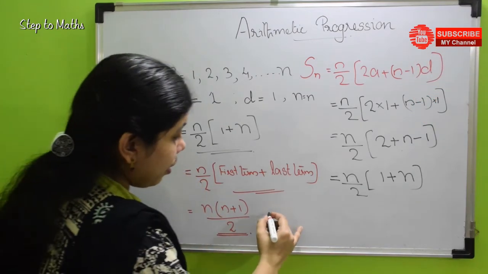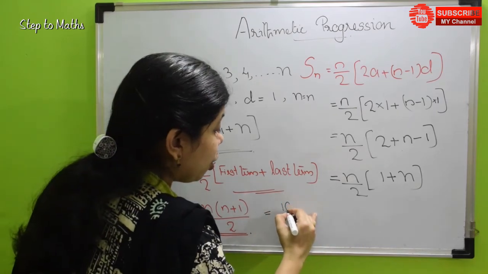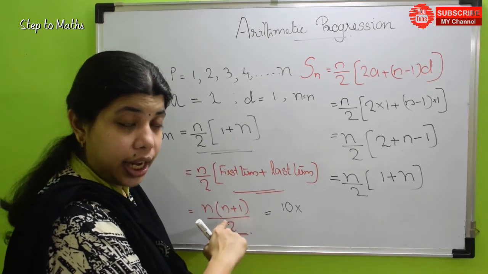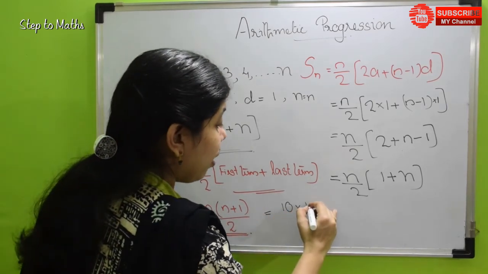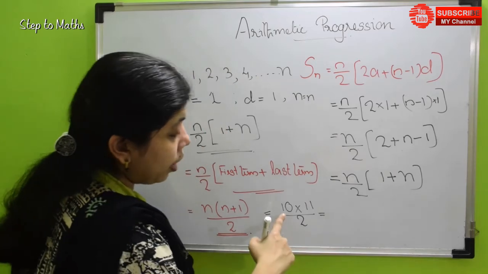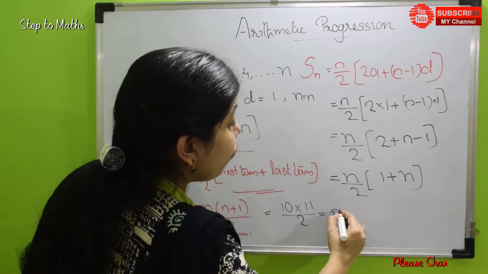So the sum of the first 10 natural numbers is 10 into n plus 1, n is 10, so n plus 1 is 11, upon 2. 10 into 11 upon 2 is equal to 55.